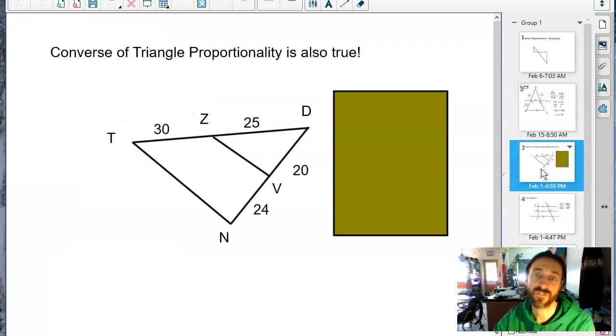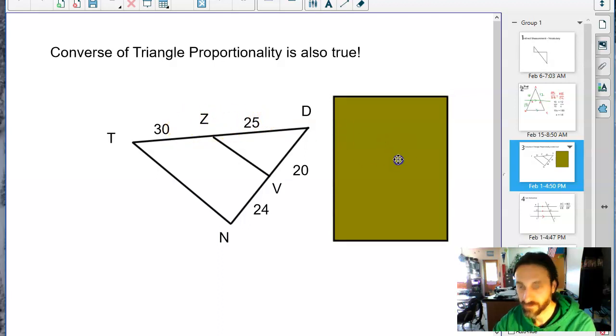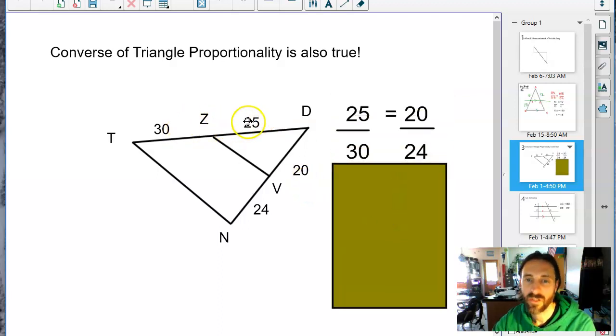The converse of triangle proportionality is also true. In this example, it doesn't say that these triangles are similar. However, if I set up their pieces as a proportion, for example, 25 over 30, now again, that's not the entire length of DT, it's only this portion of it.